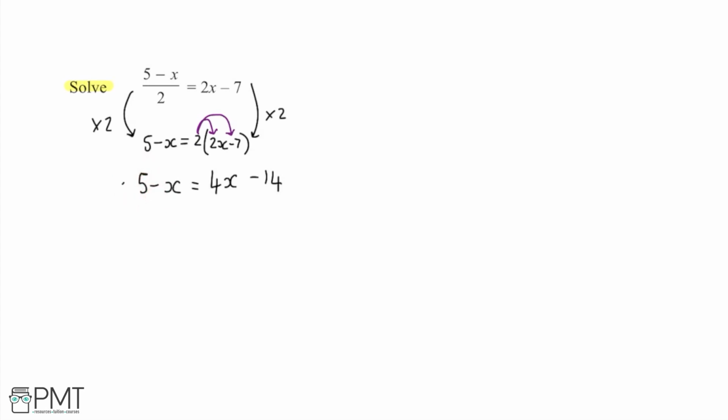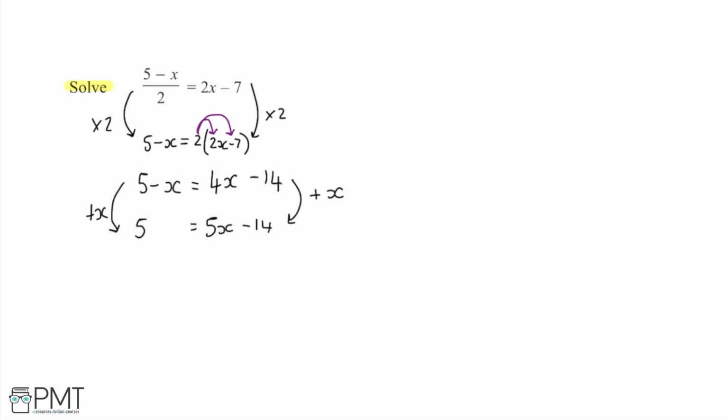So I'm going to add on x to both sides of my expression, remembering that I have to do the same thing to both sides at all times, and that gives me 5 minus x plus x, so just 5, is equal to 4x minus 14 plus x, which gives me 5x minus 14.